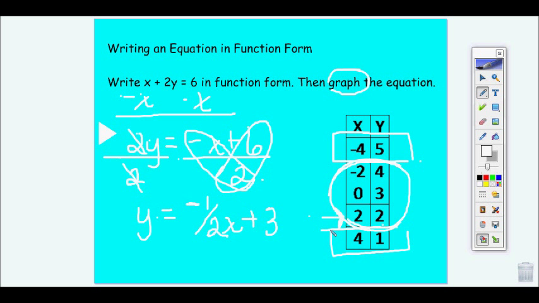And then -2 plus 3 gives me 1. So here's where I'm getting my input-output chart. I'm inputting into the equation, that's my x, and my output becomes what the answer is, which is my y.